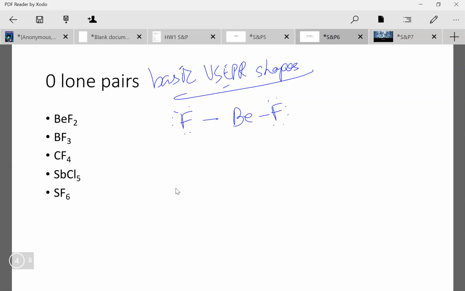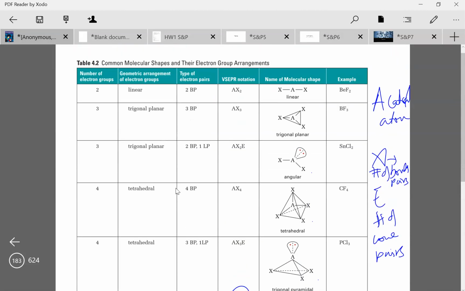And beryllium is fine with 4, so this is the complete Lewis structure. We'll see here that there's 2 bonds, and to maximize, again, around the central atom, this is an AX2 shape because there's 2 bonds and 0 lone pairs, and this will be an angle of 180 degrees, so it'll be linear as a shape. Or AX2, if you go back to here and check, AX2 is linear right there.